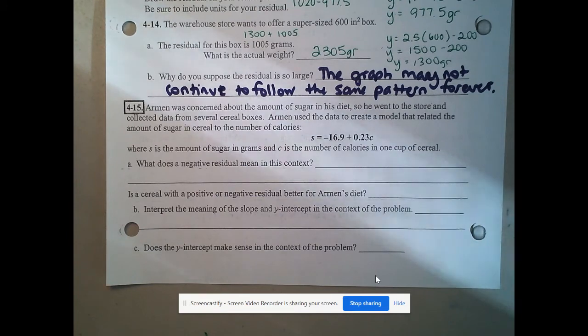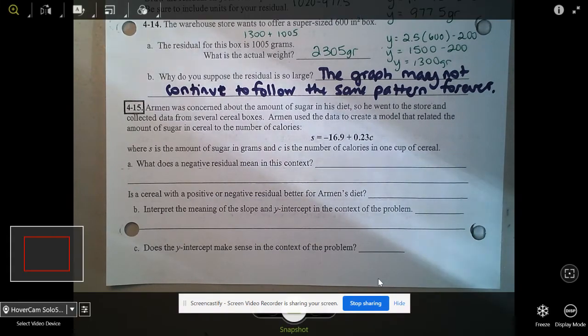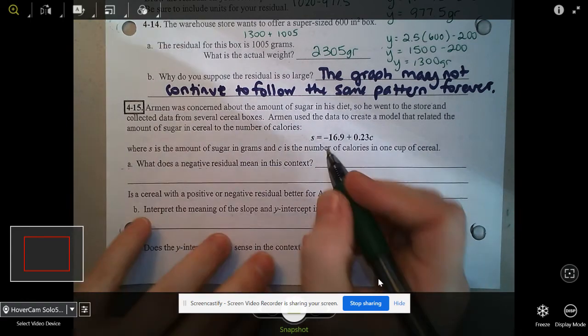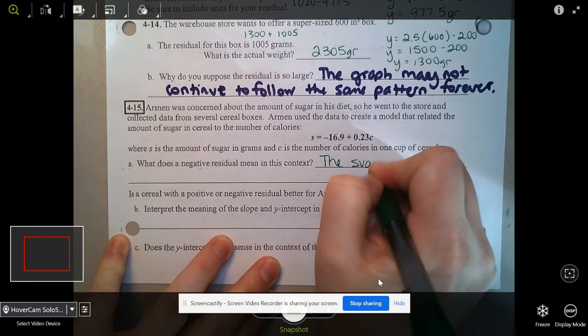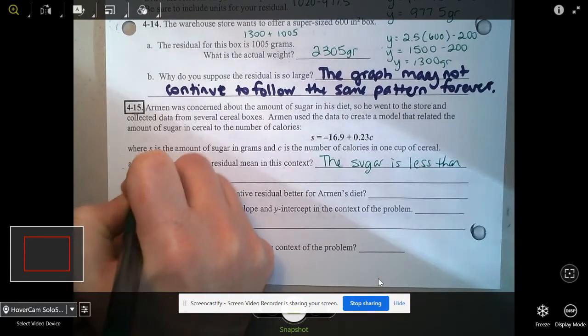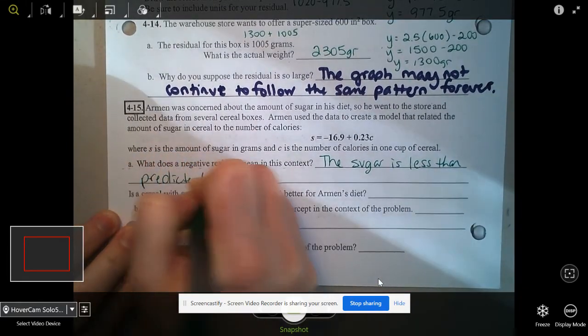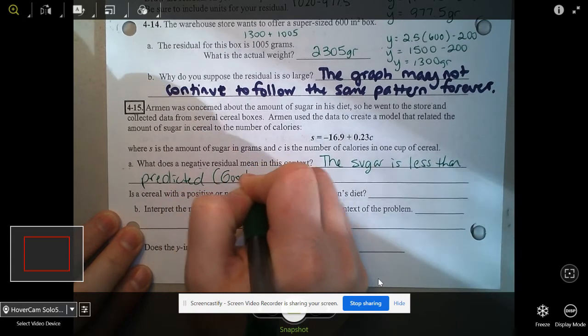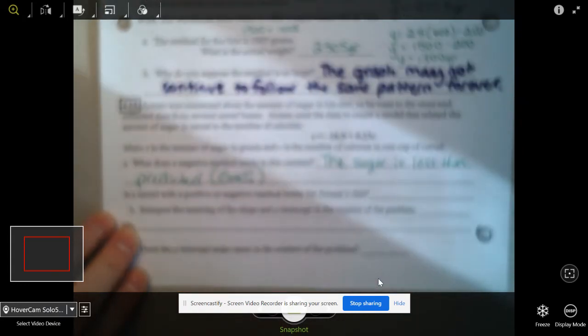What does a negative residual mean in this context? So for this question, if you had something that came up with a negative residual, it means that the amount of sugar is less than what was predicted by the model. So the sugar is less than predicted. That would be a good thing for Armin because he wants to watch how much sugar he's taking in.